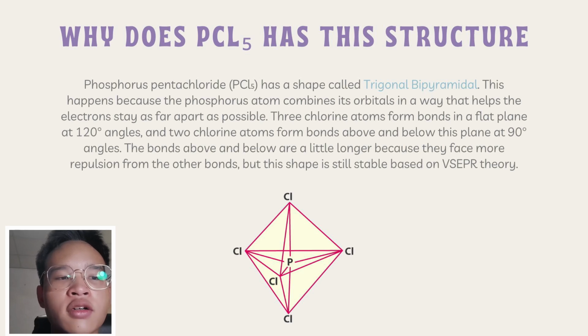This happens because the phosphorus atom combines its orbitals in a way that helps the electrons stay as far apart as possible. 3 chlorine atoms form bonds in a flat plane at 120-degree angles, and 2 chlorine atoms form bonds above and below this plane at 90-degree angles. The bonds above and below are a little longer because they face more repulsion from the other bonds. But this shape is still stable based on the VSEPR theory.